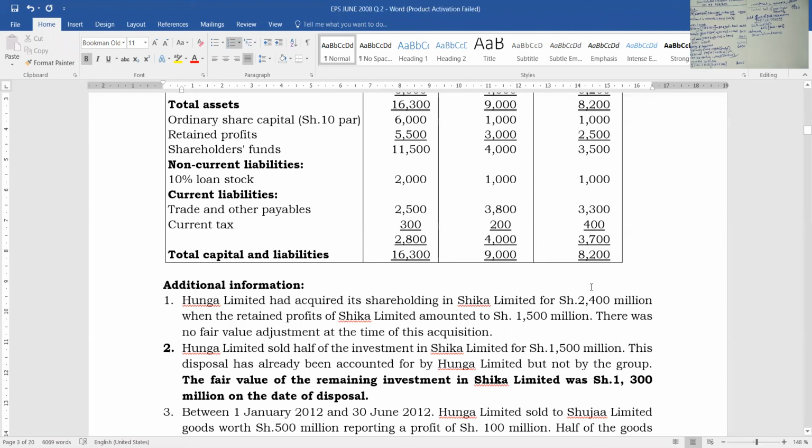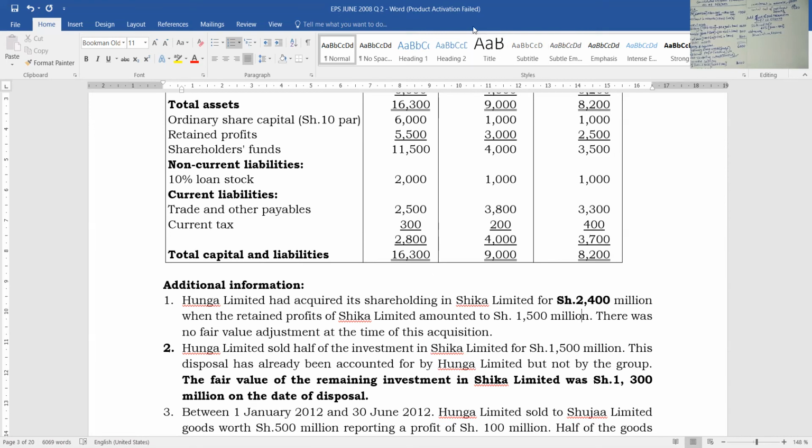And we know that the investment, at the time of acquisition, was 24. By the date of disposal, they disposed half. So it's supposed to be 24 times a half, 1,200, but they are saying it's 13. So it's more by 100.